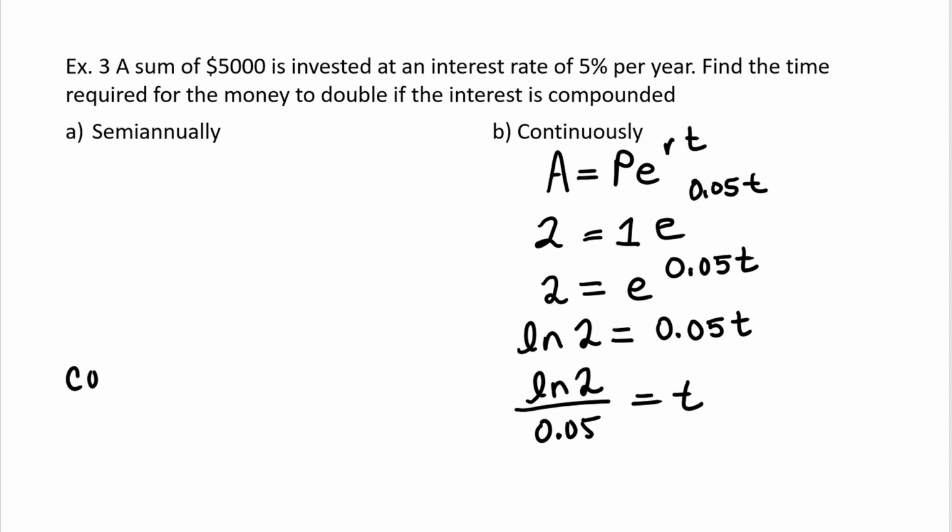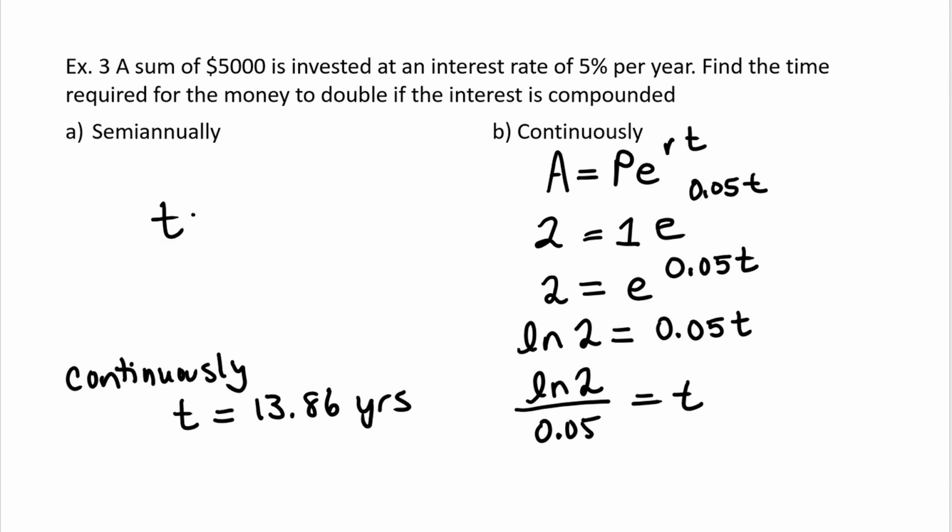We have that at continuously compounded, the time to double is roughly 13.86 years. And if it's semi-annually, then the time to double is 14.04 years. Why does it take less time to double if it's compounded continuously as opposed to compounded semi-annually?